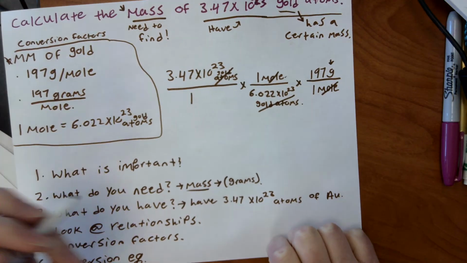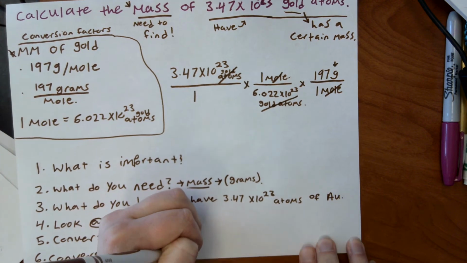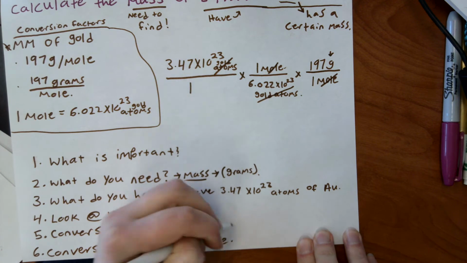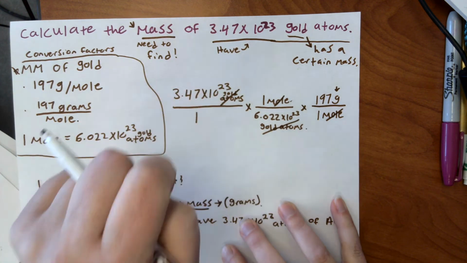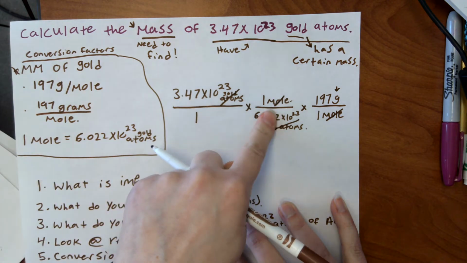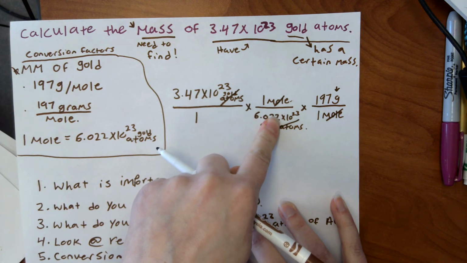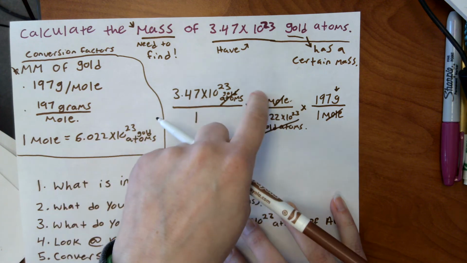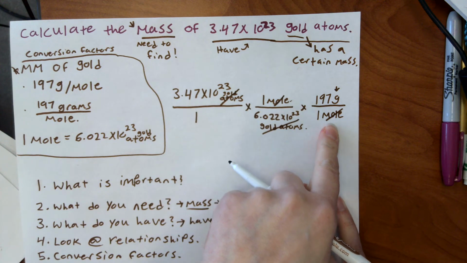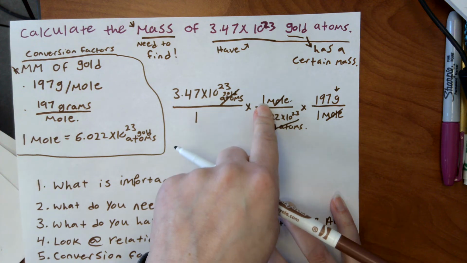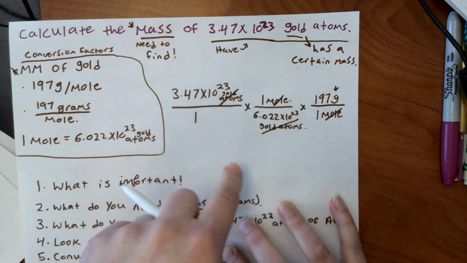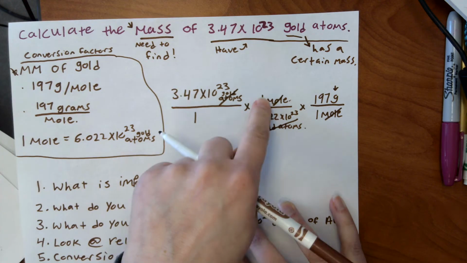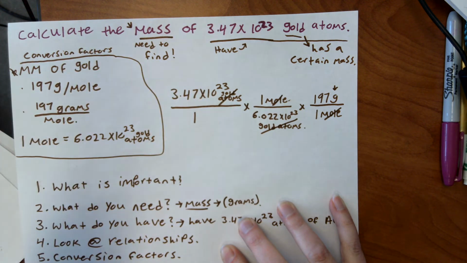Now we can go on to the 7th and final step, which is solve. And like I said, we simply have to multiply by the stuff on the top and divide by the stuff on the bottom. Okay, especially if there's ones here. If there were things that were not ones, you'd have to figure out what the entirety of this fraction was before. But in our case, since we only have one, we can just keep going.